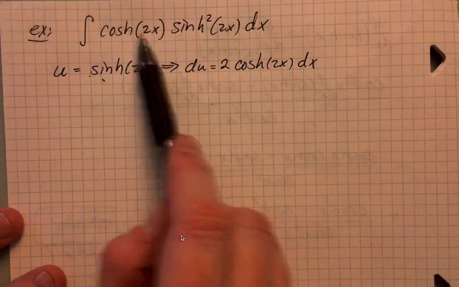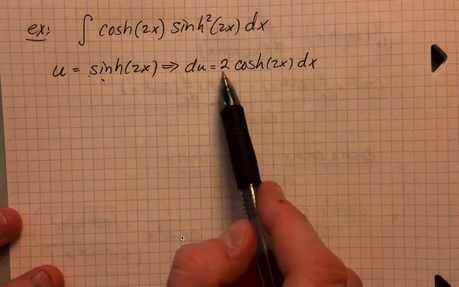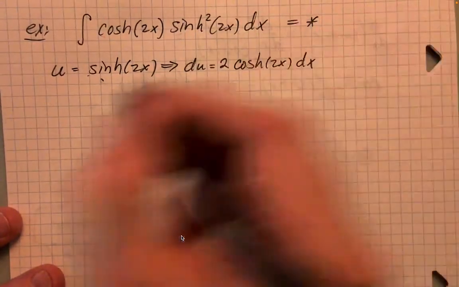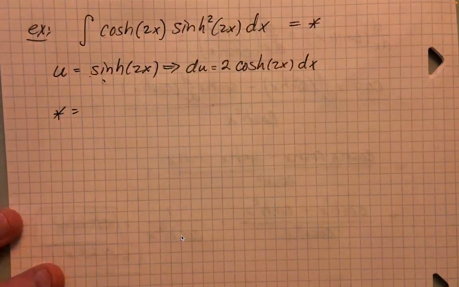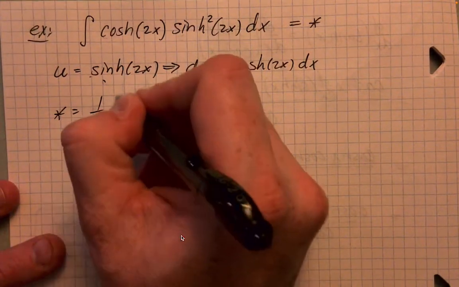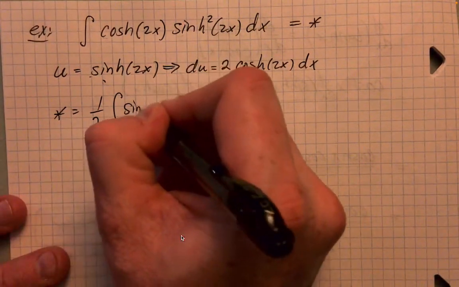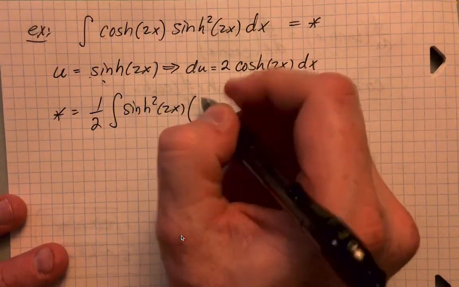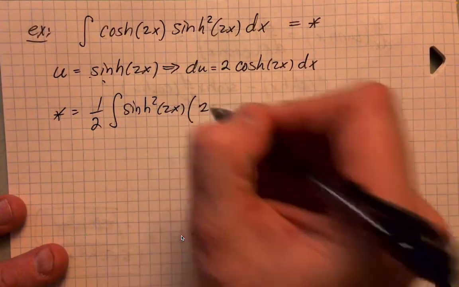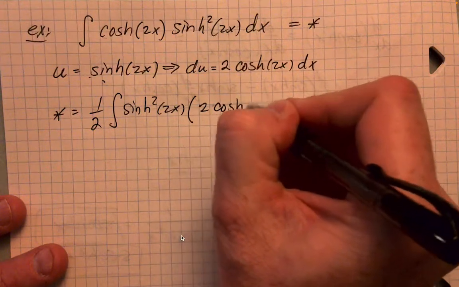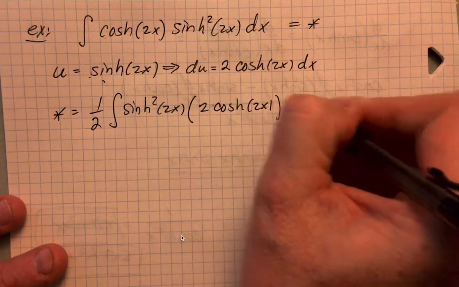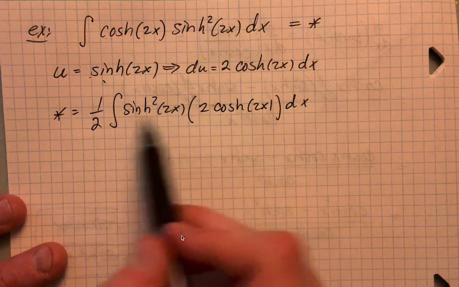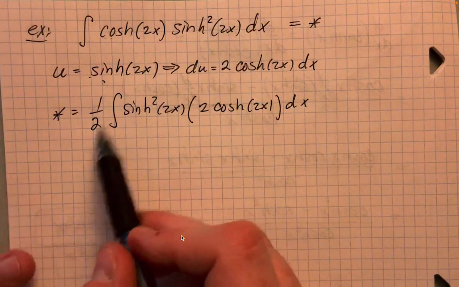And then we do have the cosh 2x dx, but we are missing the 2, so we can use our old trick: multiply and divide by a half. Two cosh 2x dx, right? So taking this part, putting the 2 on the front, and then we're dividing by 2 up front, so that's okay.